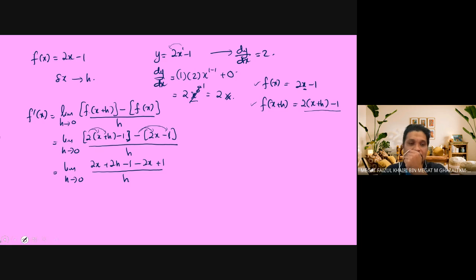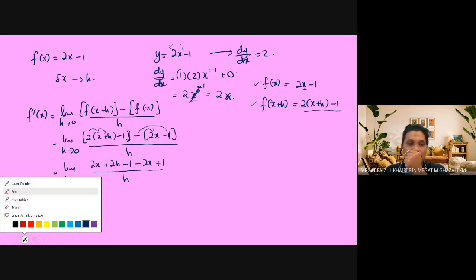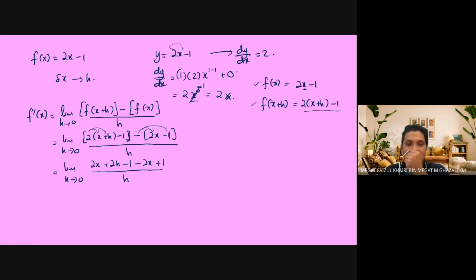Okay, now it's time for us to make some cancellation. We eliminate the terms that are in common, but one positive, another one negative. Look at this. We have 2x and negative 2x, so 2x minus 2x equals 0. And also 1 minus 1 equals 0.